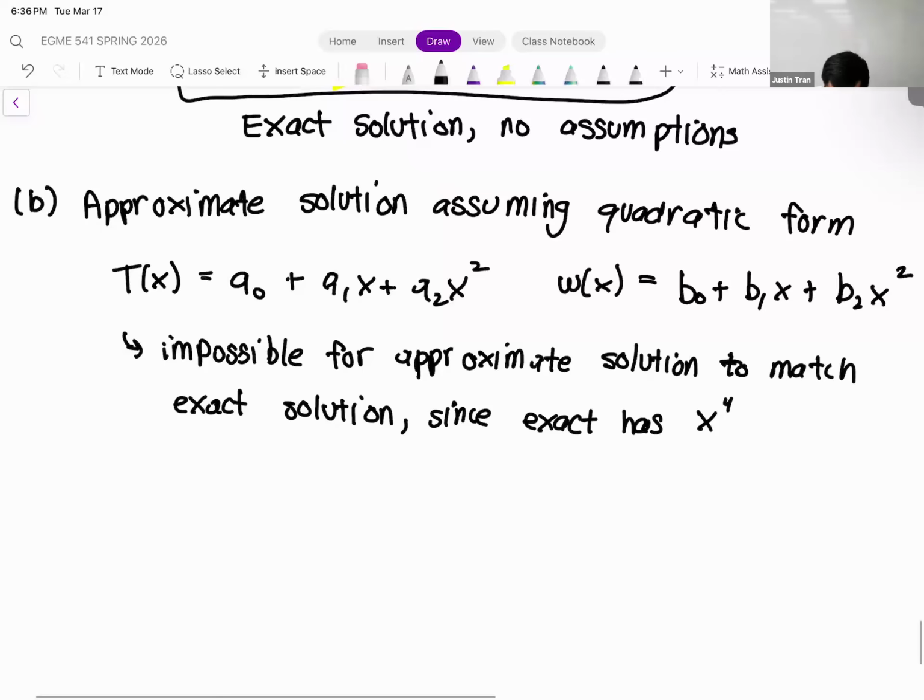All right, so when you're solving for approximate solutions, the first step, before you plug it into the weak form, is to first apply the Dirichlet boundary conditions.